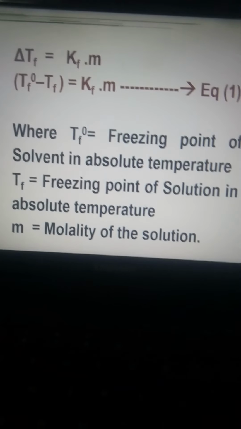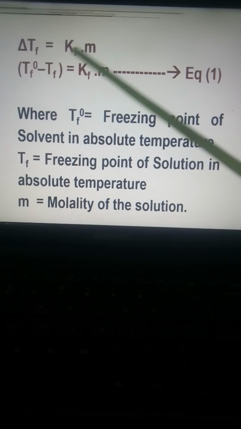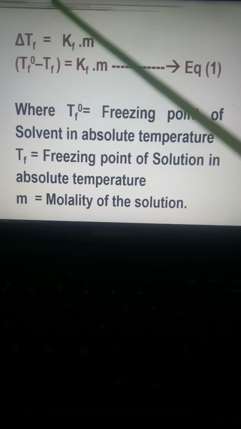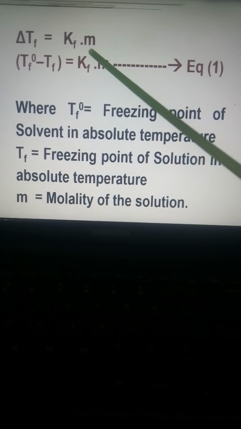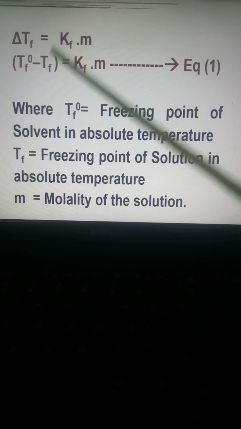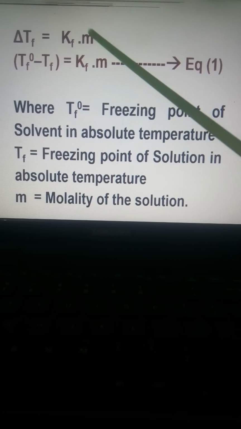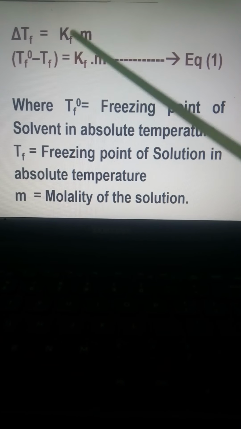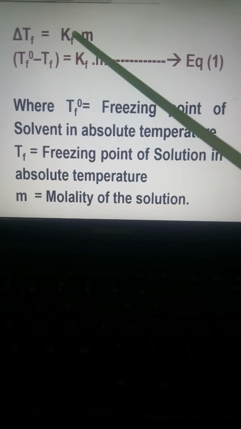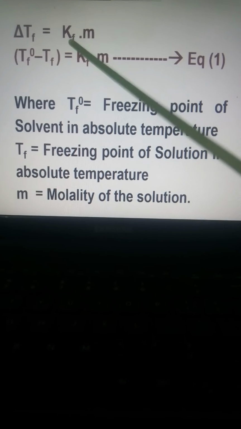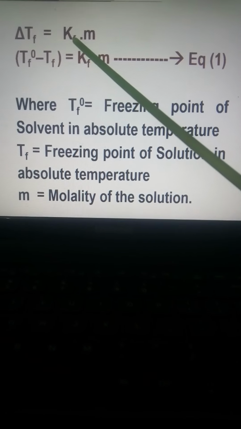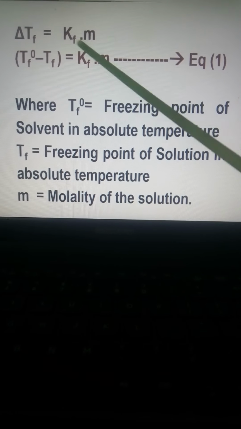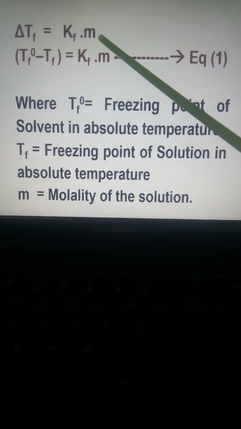Like the elevation of boiling point, it is experimentally observed that the depression of freezing point is directly proportional to the molal concentration of the solution. So delta Tf equals Kf m, where Kf is the proportionality constant, called the cryoscopic constant, molal depression constant, or freezing point depression constant, and m is the concentration in molality.